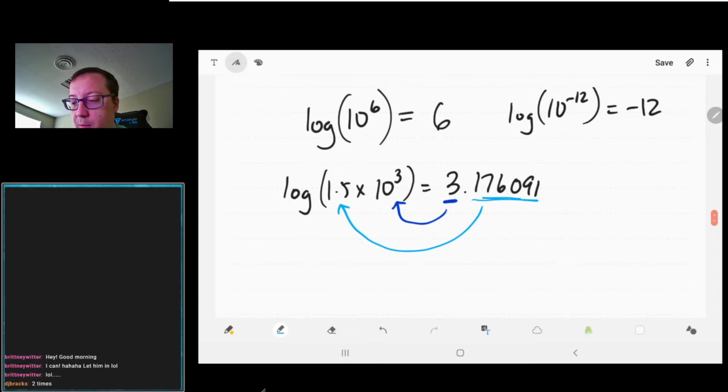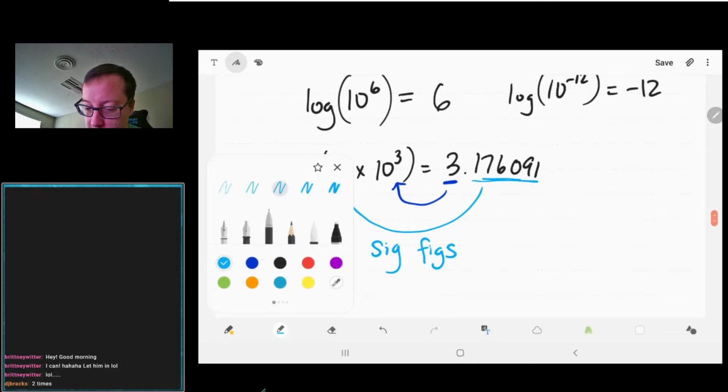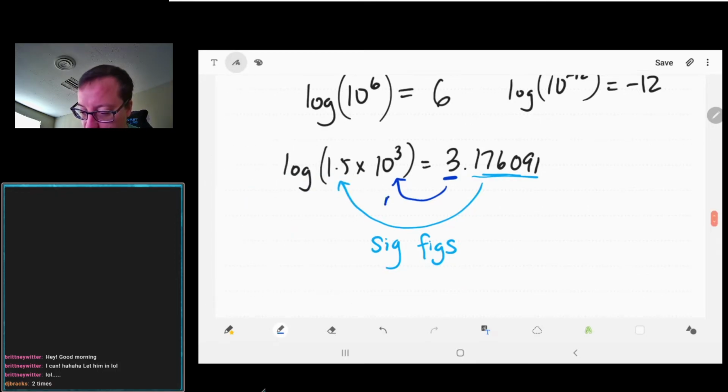So the log of 1.5 is going to be 0.7176 blah blah blah, whatever. So we're going to see that we have to worry about sig figs for this part, but not for the dark blue part.